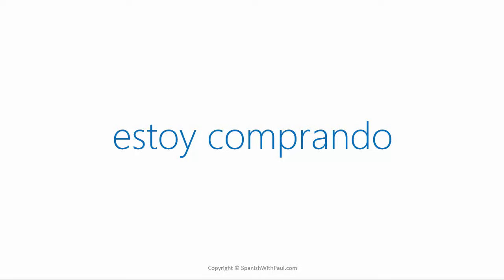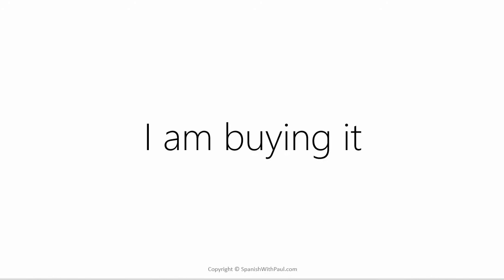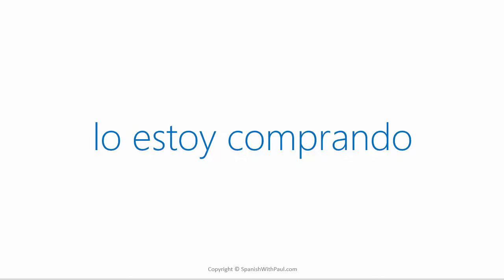Now, normally, you'll want to include the word it. And the placement for this word will be way up front. So, to say, I am buying it, would be lo estoy comprando.